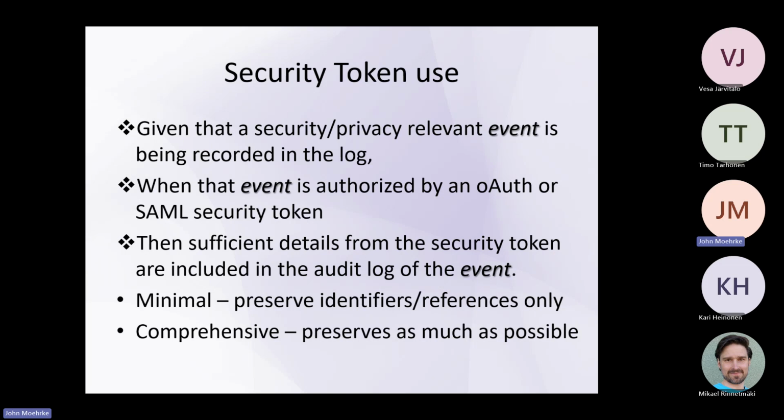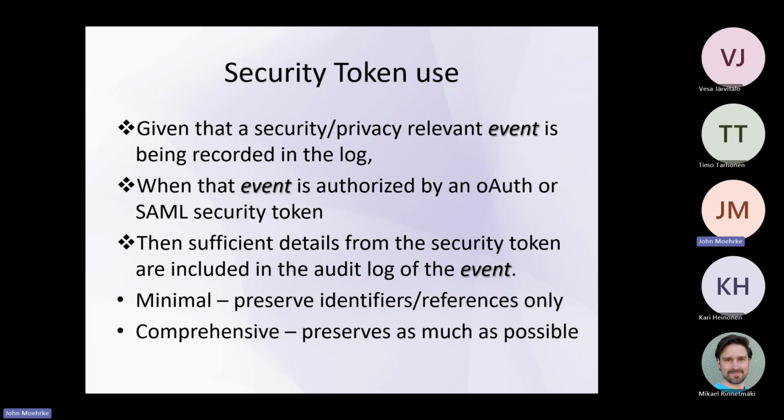So when a security token is used, how does that get recorded into the audit event so that you can see why something was authorized or why something was rejected, really? And again, it's profiled generically for OAuth, so it should work with any OAuth environment. And it's written specifically, generically for SAML as well.